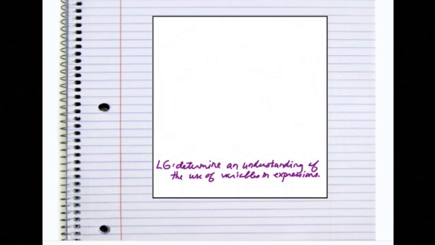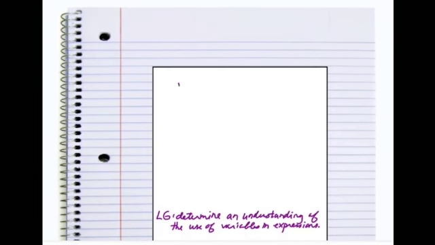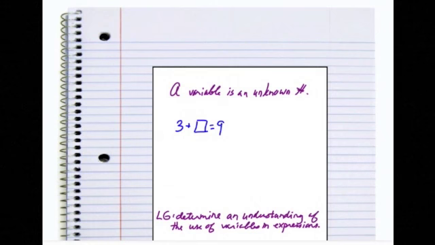For example, if my variable is an unknown number, there are many ways to write that in an expression. Some people may have seen expressions written with a box in them, like 3 plus the box equals 9, or a box plus 2 equals 9, right?